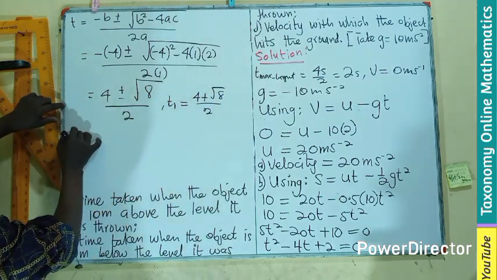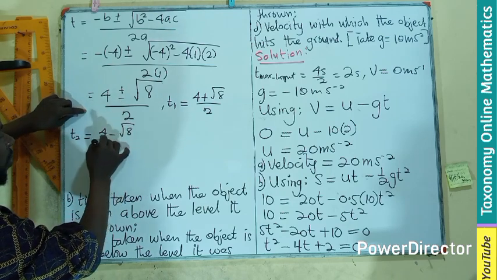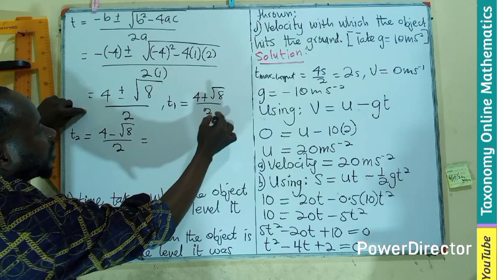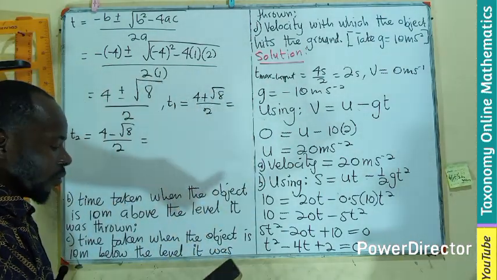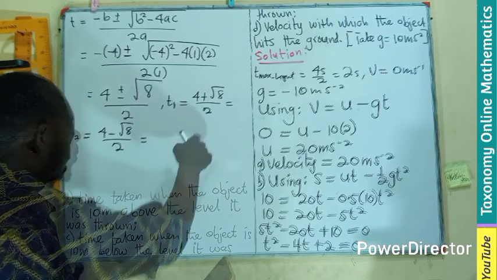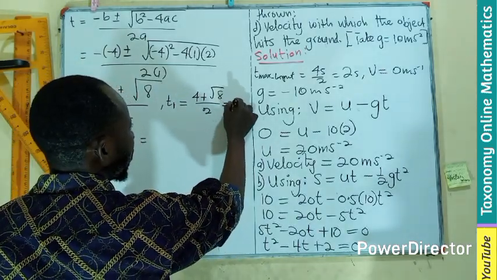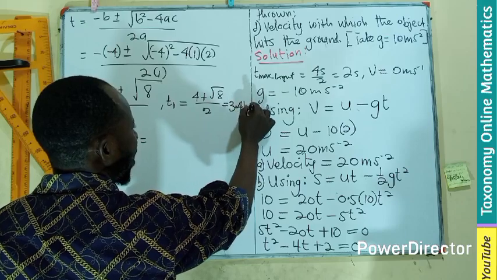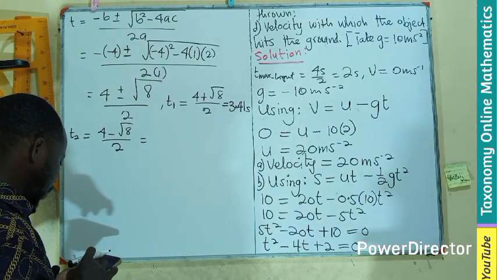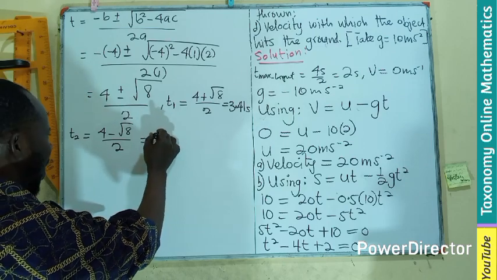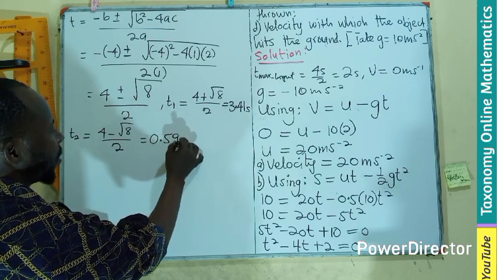The second time will be 4 minus root 8 over 2. So let's put these values in the calculator and see what it will be in decimal. So the first time will be giving us 3.41 seconds. And the second time, let's say we have 0.58, so 0.59 seconds.